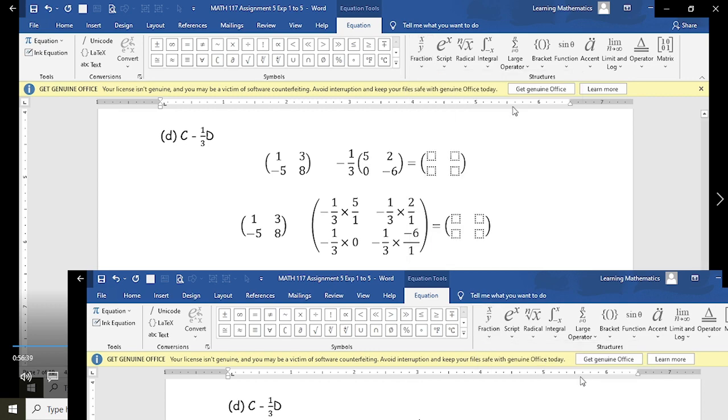You can even choose that one. It's looking friendlier to read, right? Less confusing. So we can use that type of fraction because they are too close together there.